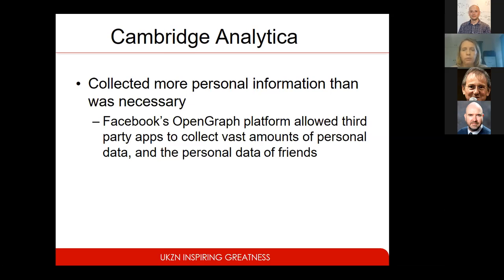And that was a problem with the platform. Facebook's Open Graph platform at the time, it has been changed now, allowed third-party apps to collect vast amounts of personal data and automatically also harvest the personal data of friends of persons who had installed the app.